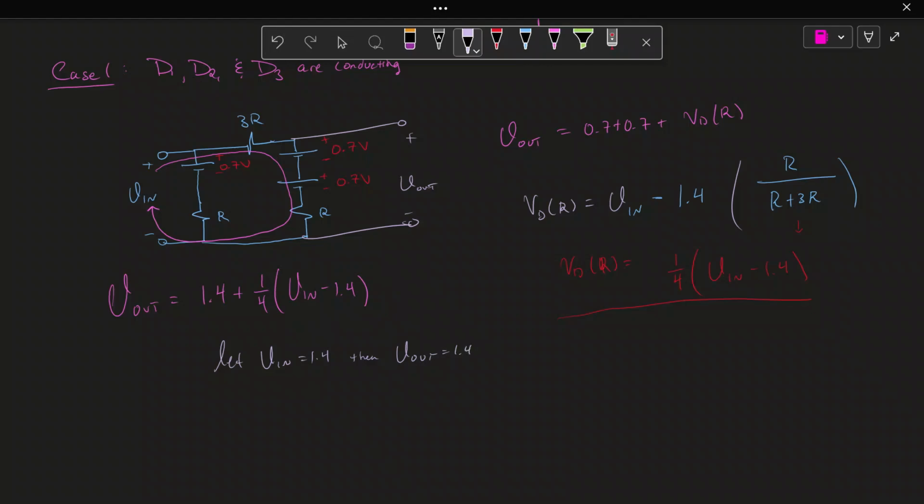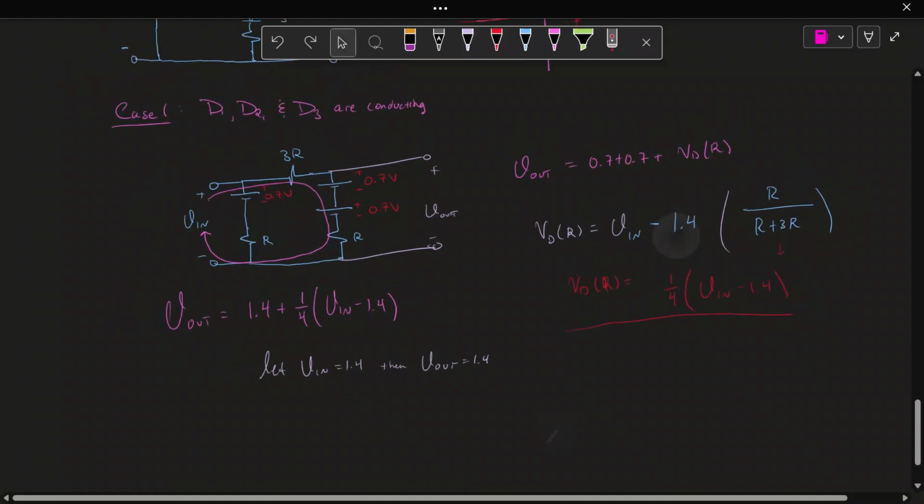Now, does that make sense? Well, sure it does. What this is saying is V in here is 1.4, so the voltage has to be at least, this is always 1.4 if it's greater than 1.4, because there has to be a voltage drop of 0.7 and 0.7. This is not a variable voltage drop. This is set by the diode itself. This does not change in ideal scenarios, the way we're solving this.